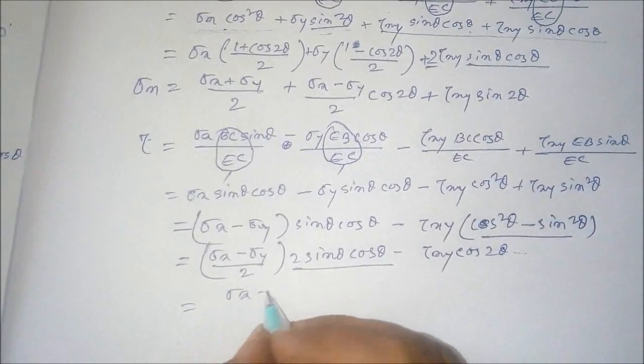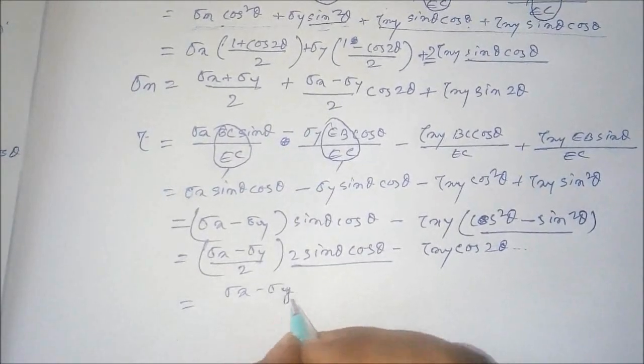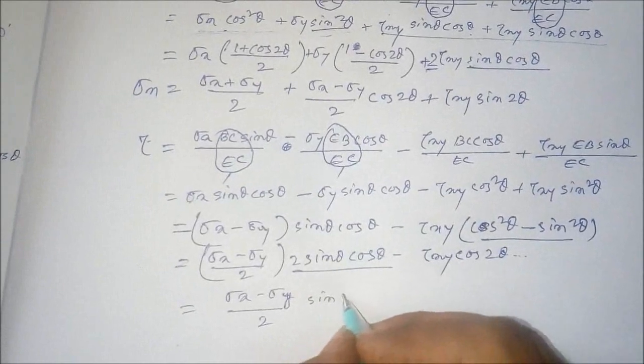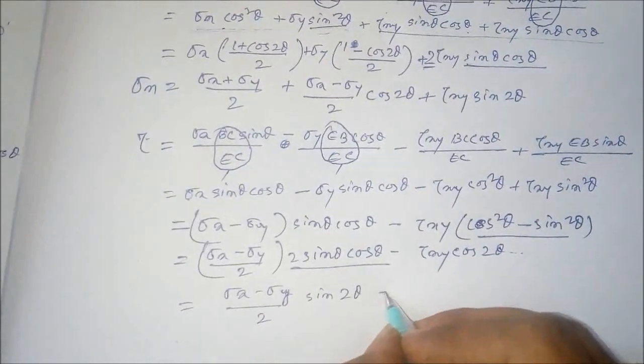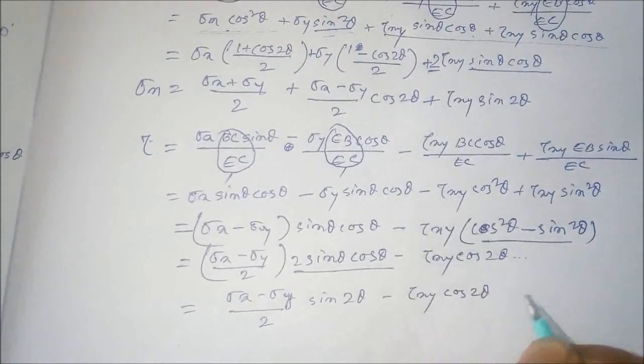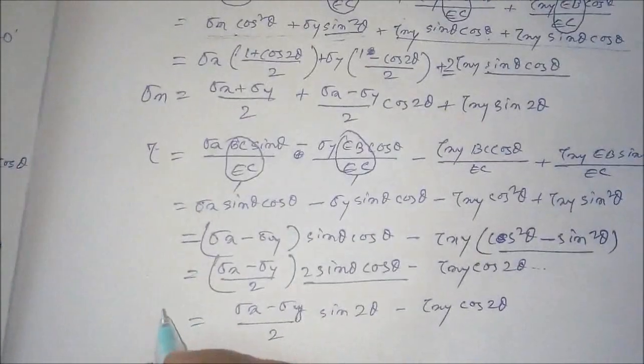So sigma x minus sigma y by 2 sin 2 theta minus tau xy cos 2 theta. What is this? This is the value of tau.